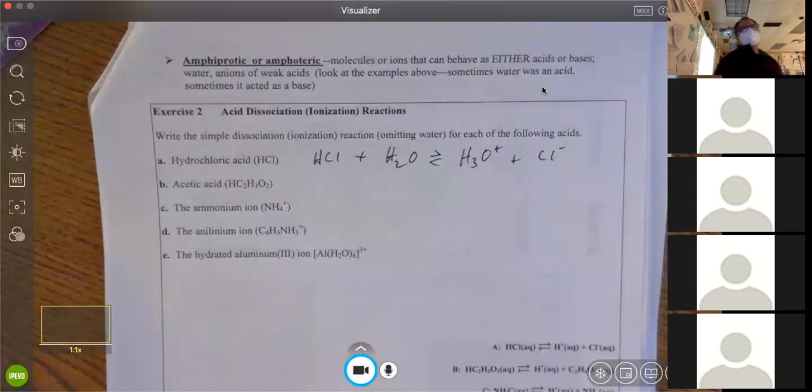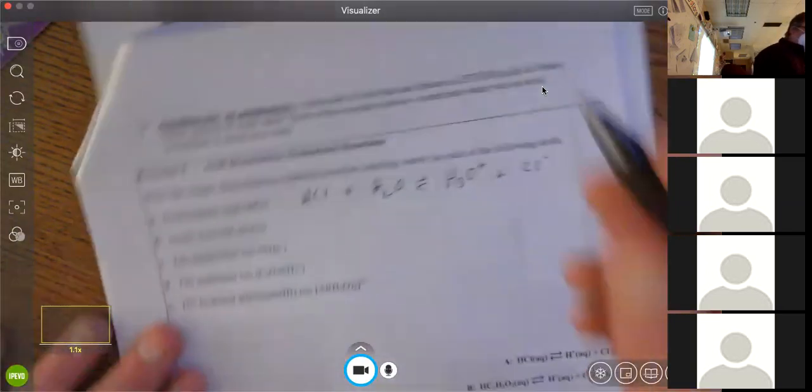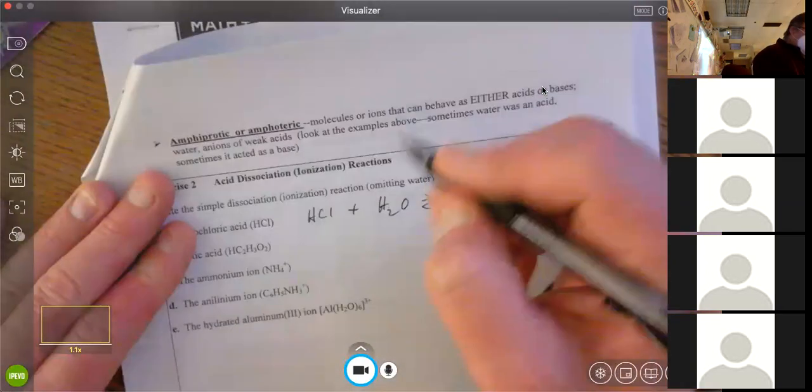Well, what if it asks us for the net ionic reaction here? This one gets kind of weird because it's going to be the same for all the strong acids. We did the net ionic here. I'm going to just do it right up here.